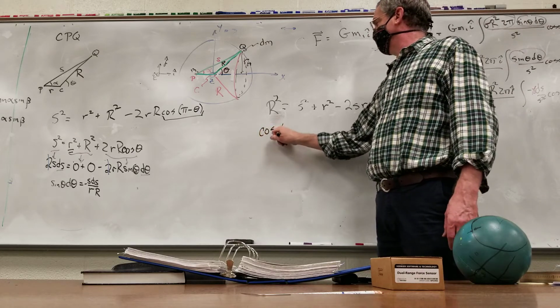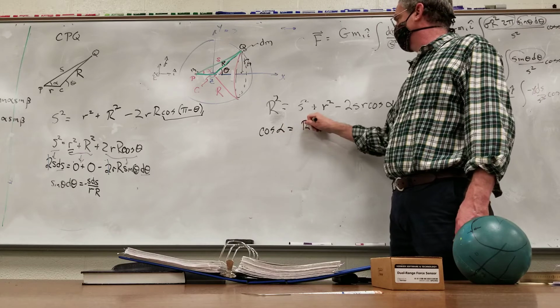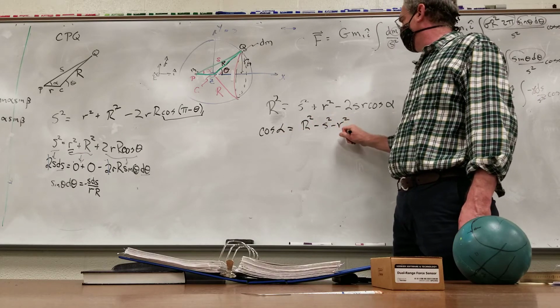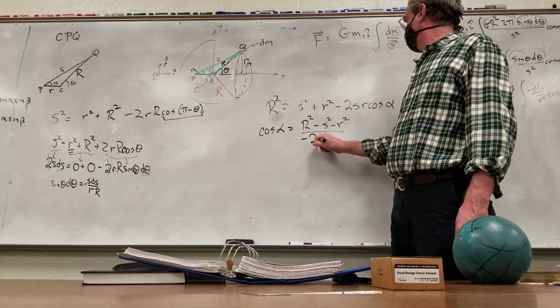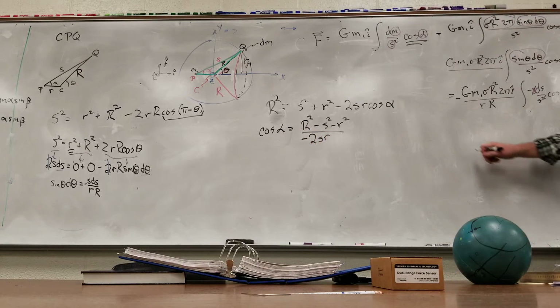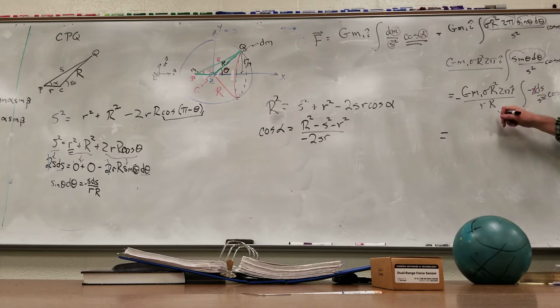So cosine alpha is equal to big R squared minus S squared minus little r squared over negative 2SR. You got a minus there and a minus, one minus too much. Yeah, all right.